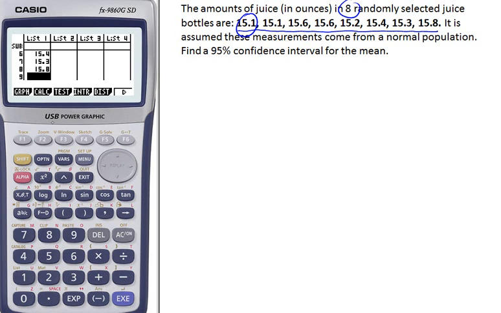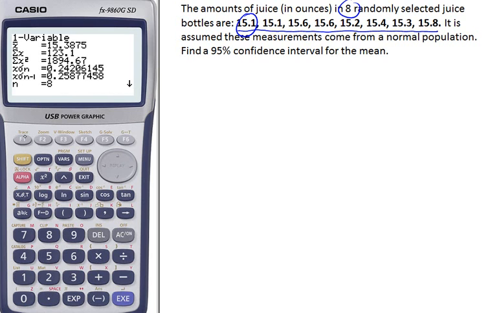The calculator will work out the values for us if we press F2, calculate, and it's a single variable. Each of these appears with a frequency of just 1, and all the information we need is there.